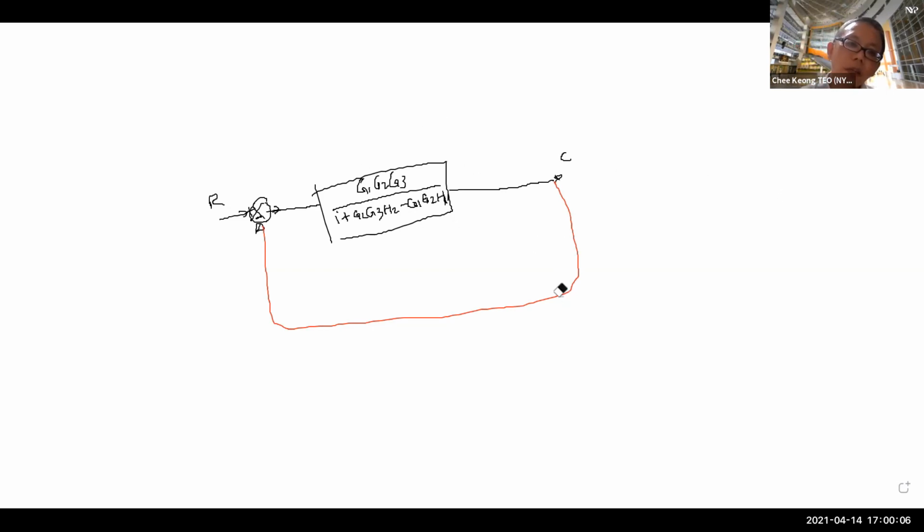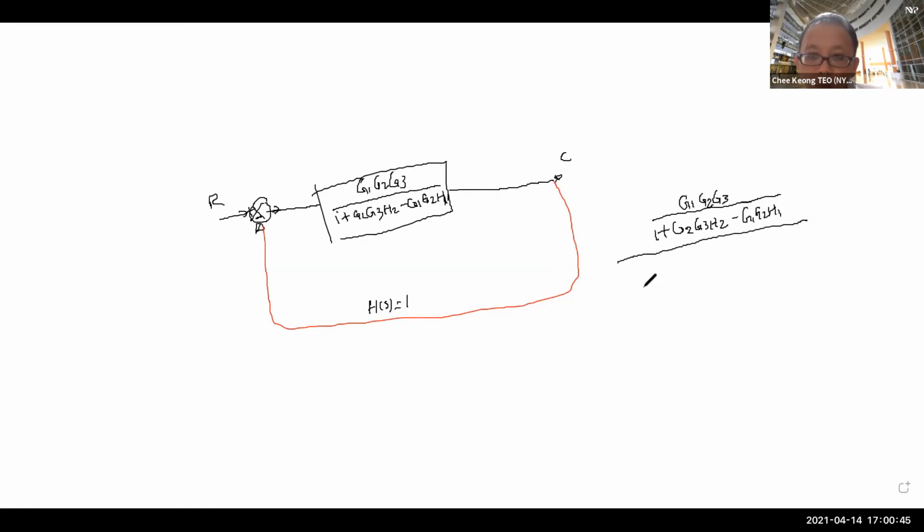So then you have your G and your feedback. This H here is actually equal to what? H of S is actually equal to 1, with unity feedback. So you can rewrite here again, G1, G2, G3 over 1 plus G2, G3, H2 minus G1, G2, H1, over itself, over 1.